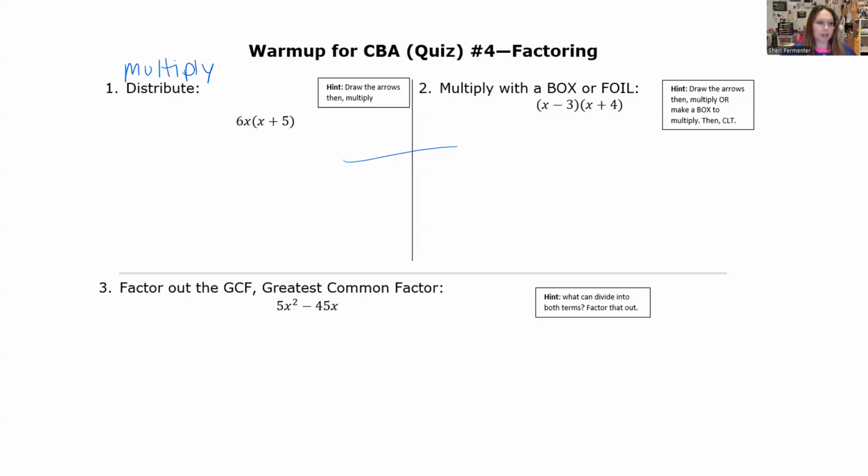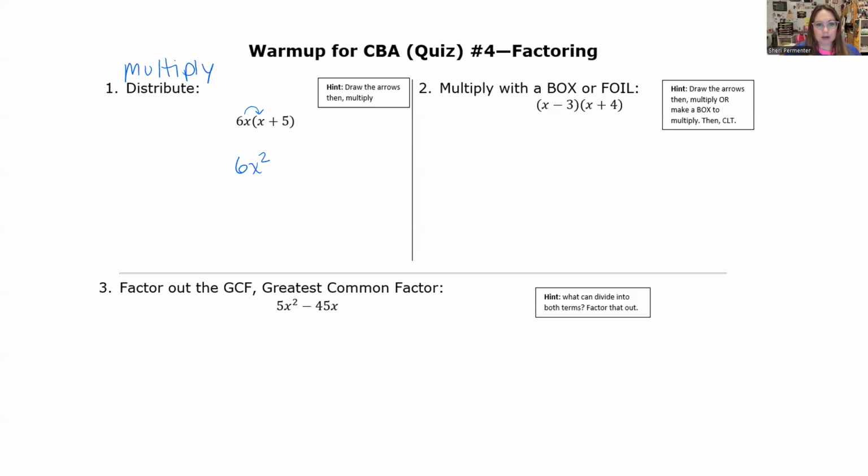That's the actual operation. That's what you're doing. You are multiplying. And so we are going to distribute and multiply. What's the number in front of x if there isn't one? 1. So 6 times 6 is 6. And then x times x is x squared.